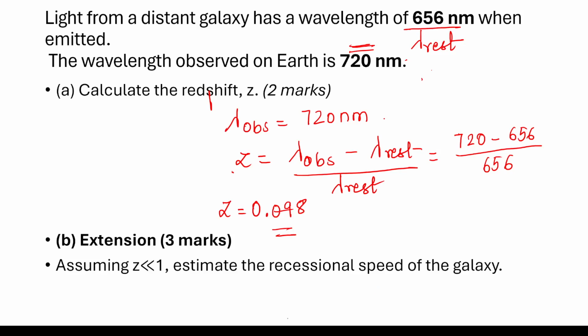Estimate the recessional speed of the galaxy. How do you calculate it? Just use the formula. Z equals V over C, so I can write V equals ZC. That's 0.098 times 3 times 10 to the power 8, or whatever is given in your equation sheet.